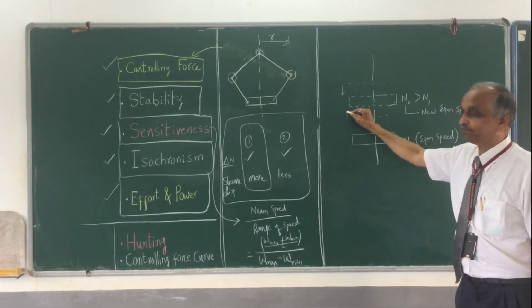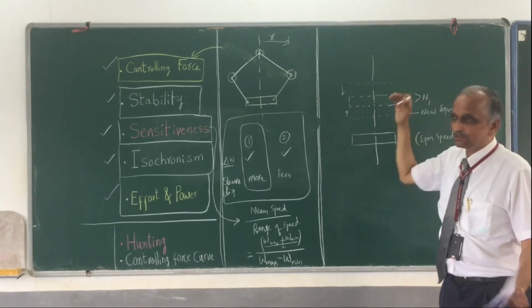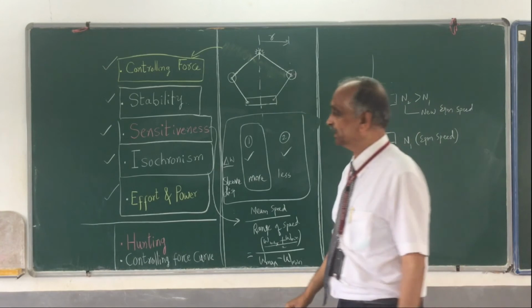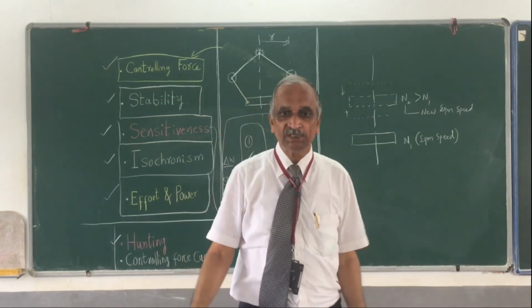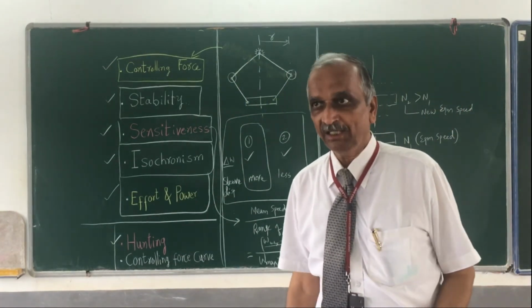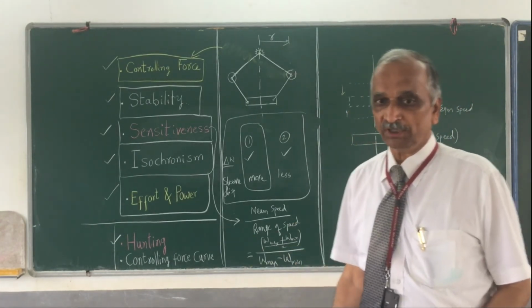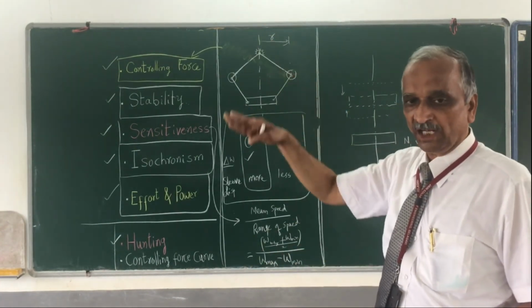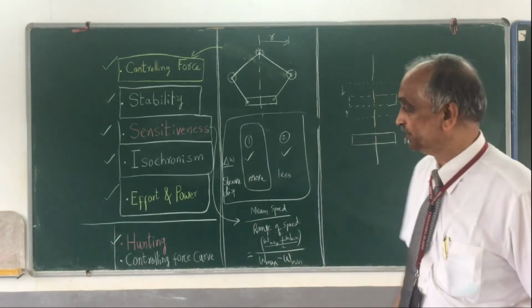Then again it goes up, and this continues. This is what is called hunting of the governor. In hunting, the sleeve does not come to its new equilibrium position suddenly; in reaching it, it moves over and below that position, and this process is called hunting.